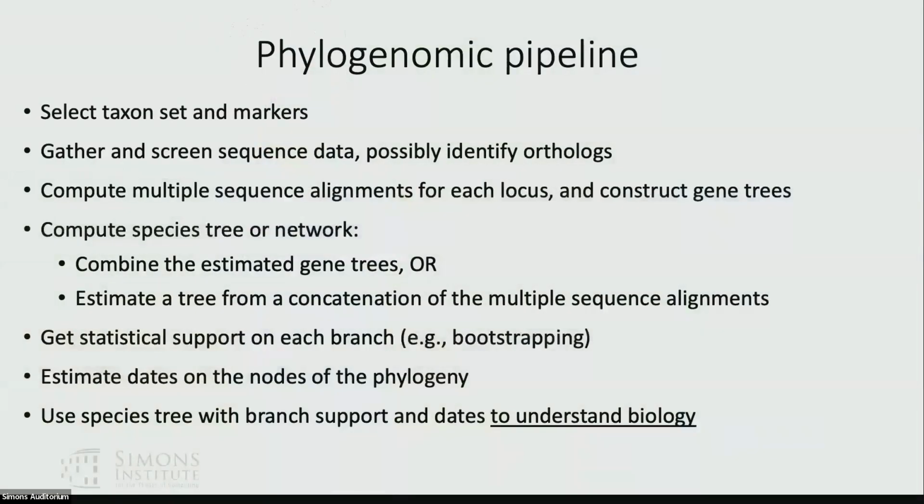And then looking at branch support, estimating dates, and trying to use this to look at biology. And the issue is that everything you're doing up here affects this. What happens with your final outcome depends upon what you did earlier. So there's a real consequence to accuracy based upon how you handle those estimation problems.